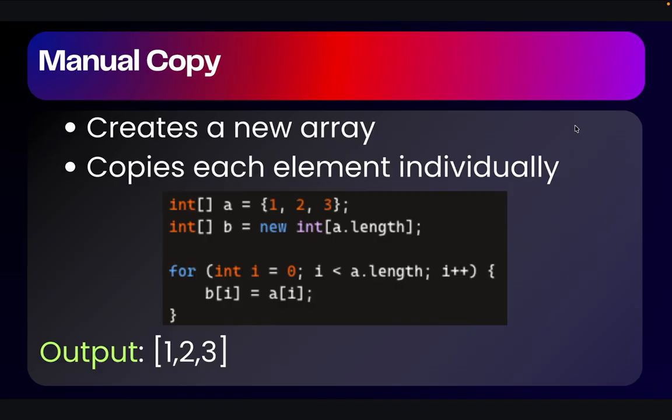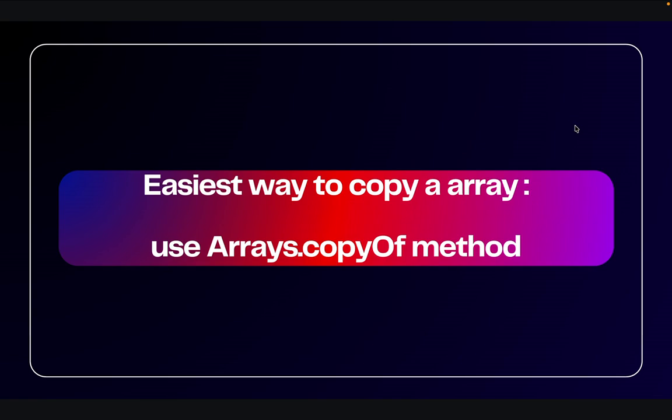It's just basically copying each index one at a time to the B array. So this is a manual copy if you do not use, of course, the Arrays.copyOf method. I recommend using the Arrays.copyOf method, but again, you could use the manual way as well.